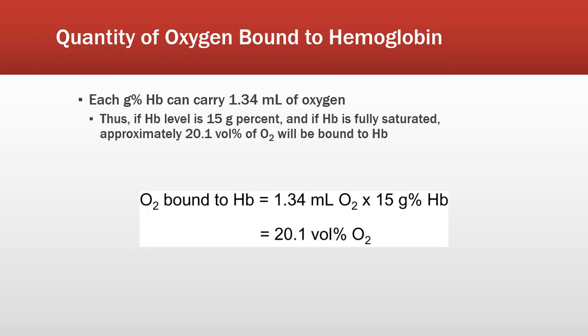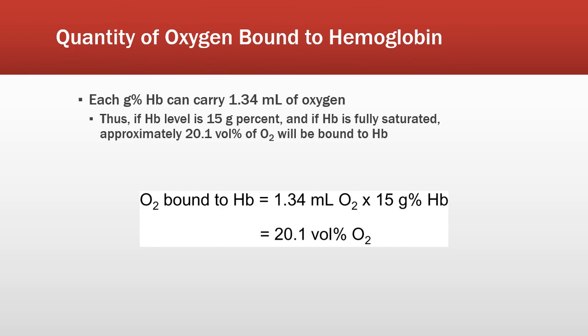Each gram percent hemoglobin can carry 1.34 mL of oxygen. So, if the hemoglobin level is 15 grams percent, and if hemoglobin is fully saturated, about 20.1 vols percent of oxygen will be bound to the hemoglobin.